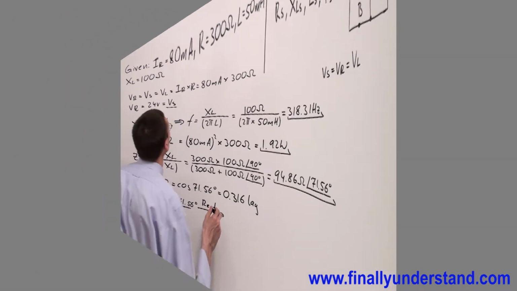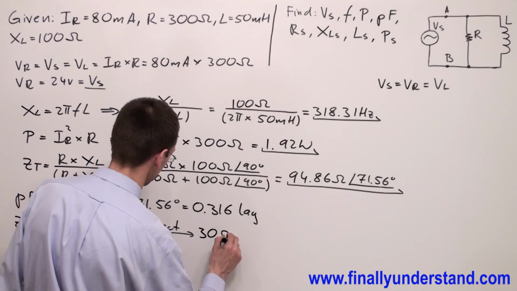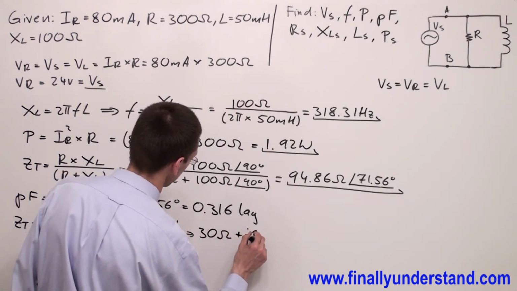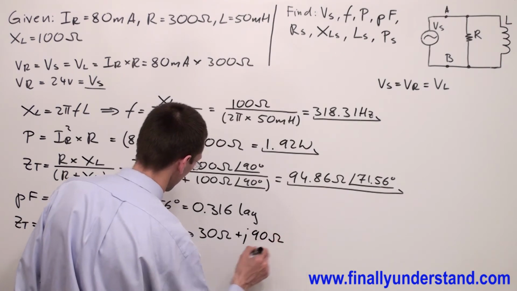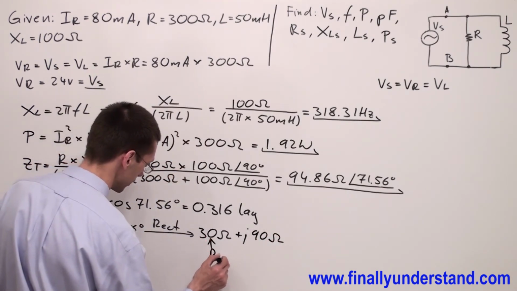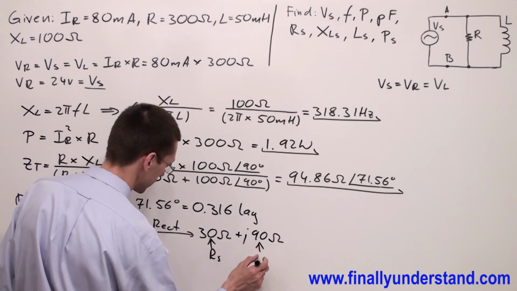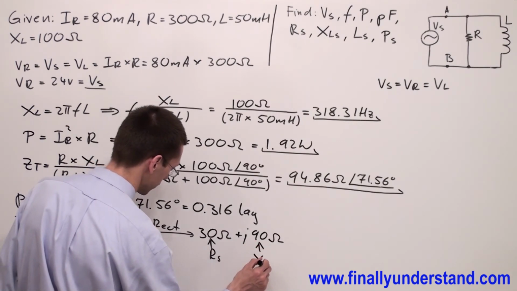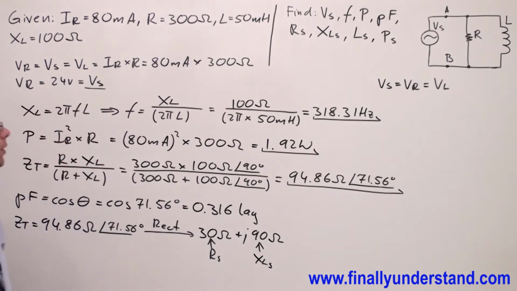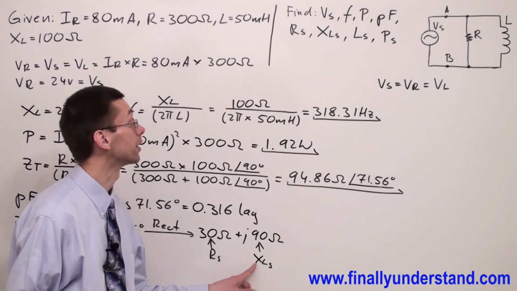This is equal to 30 ohms plus j90 ohms, where the real part is my resistance Rs and the imaginary part is my X of Ls. So I found Rs and X of Ls.